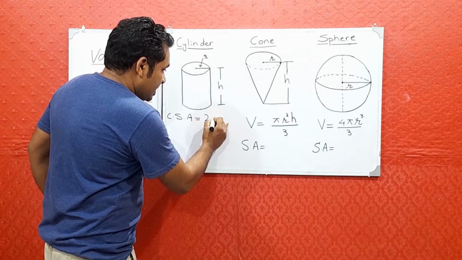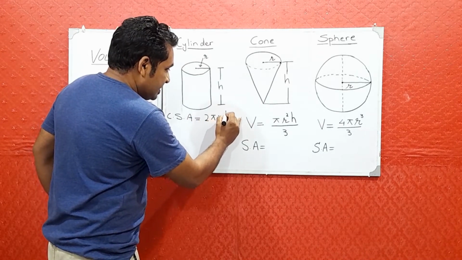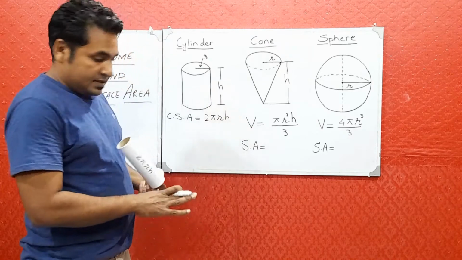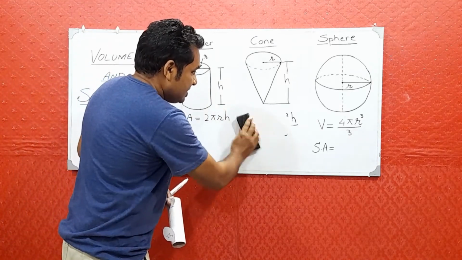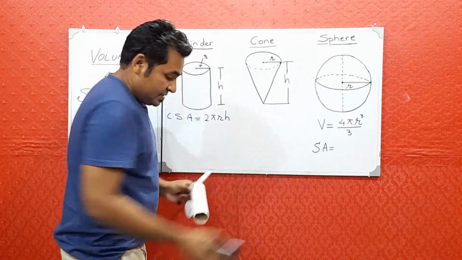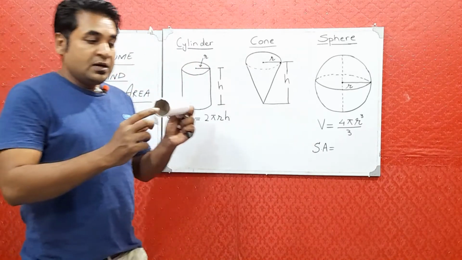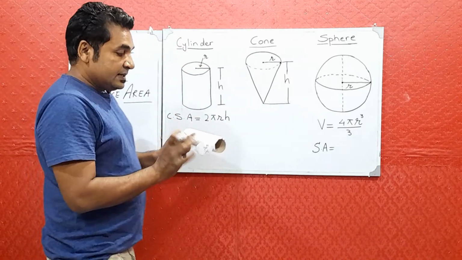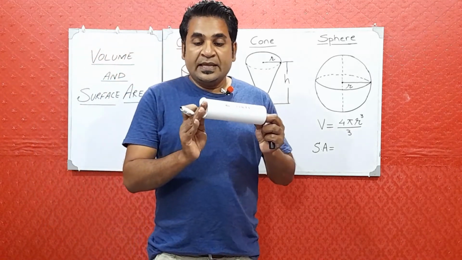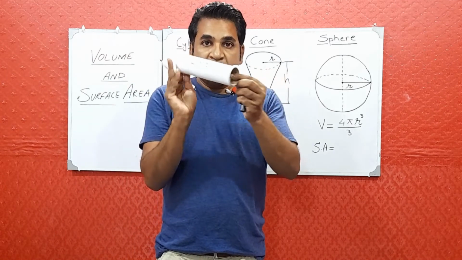2 pi r h. Now I think you have understood that we use this surface area when the cylinder is open from both ends. Now suppose the cylinder is closed at one end and open at the other end.